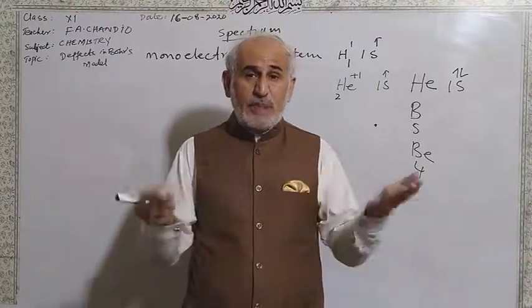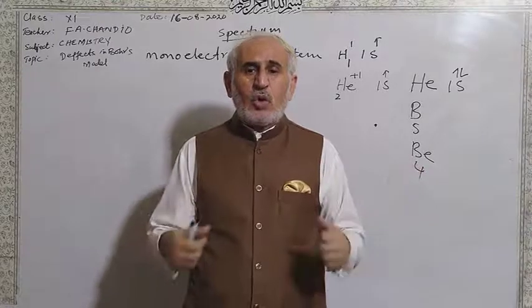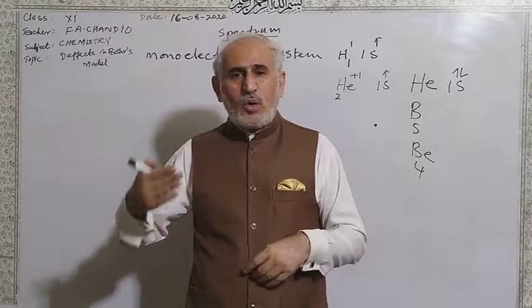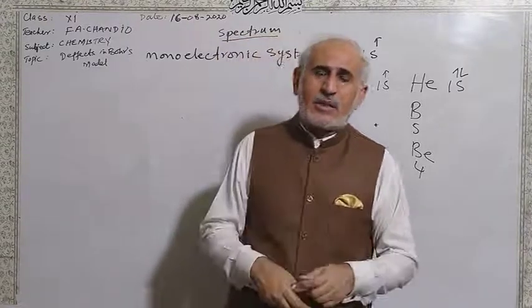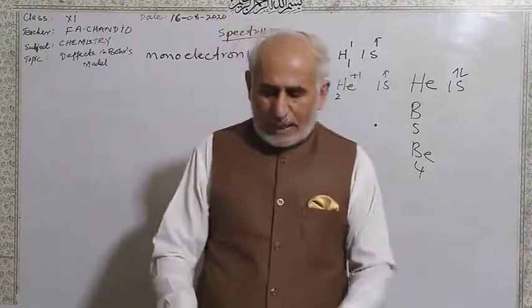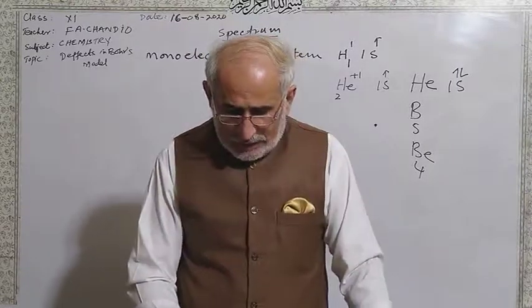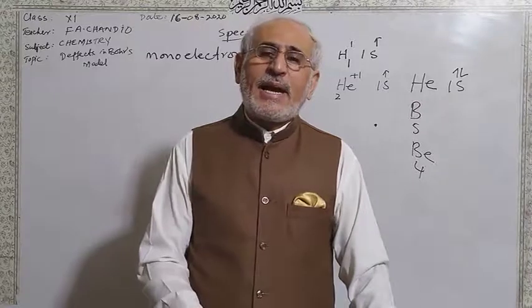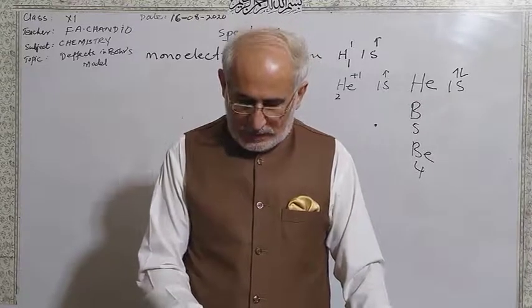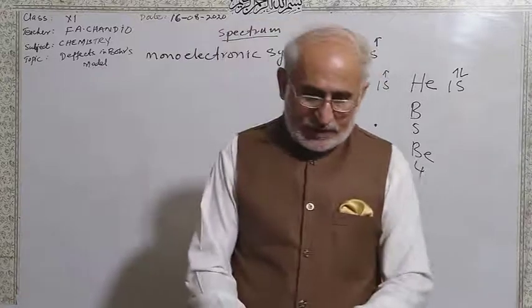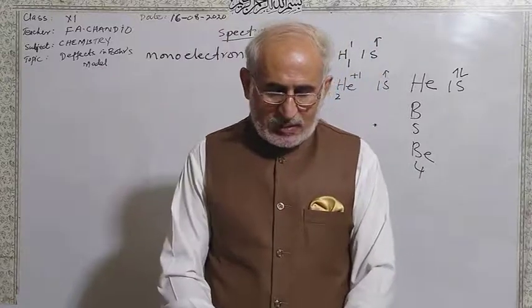When an electron jumps from lower energy to higher energy, meaning ground state to excited state, this is called the absorption spectrum. When it is placed in a magnetic field, the spectral lines are further split, closely spaced.